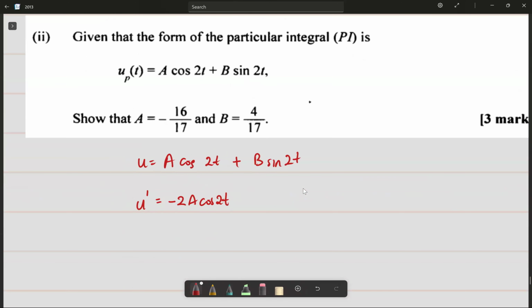So you just start with the u that they told you, and keep differentiating it with respect to t.